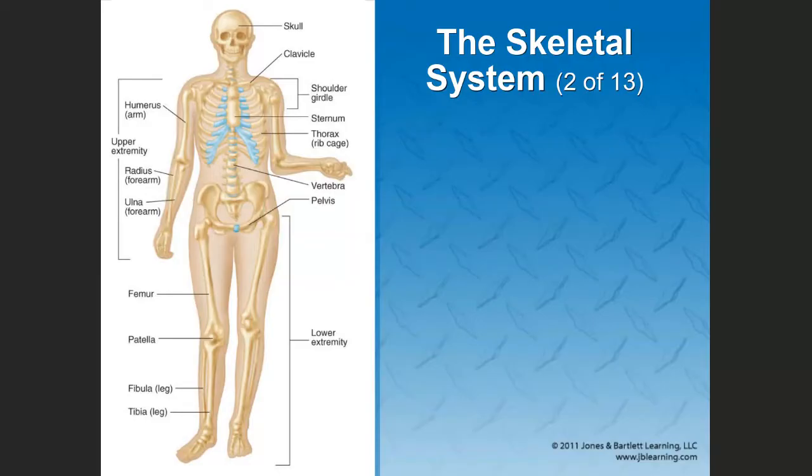Right, and everything on this slide are areas that you probably need to be familiar with, right? So the skull, collarbone or clavicle, the humerus, which is also referred to as the funny bone, radius in line with the thumb, ulna in line with the pinky.